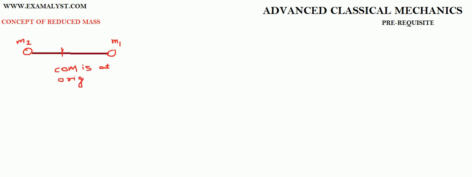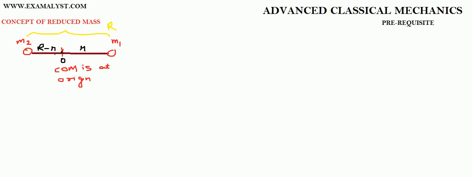Now the distance between the two masses, let it be R. So this is the origin O, which is also our center of mass. Consider this is r, then this will be R minus r.